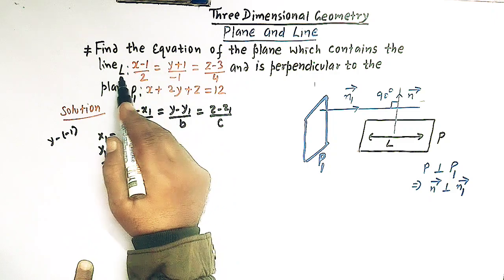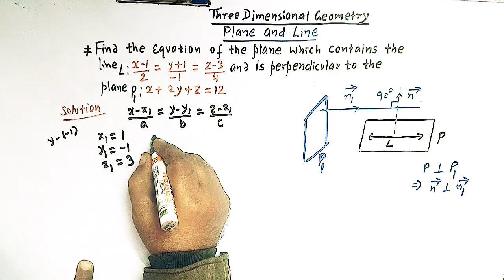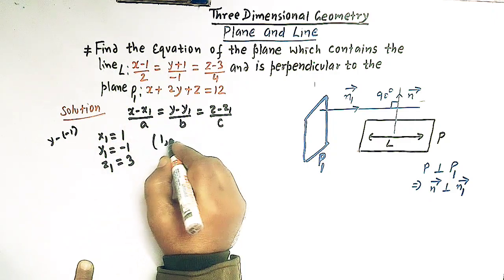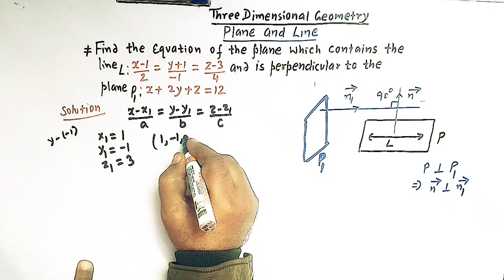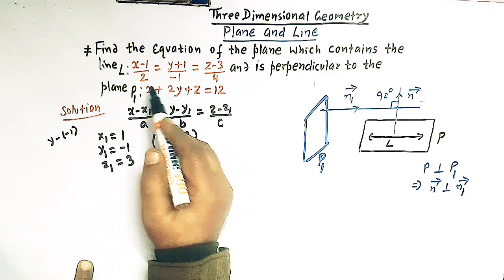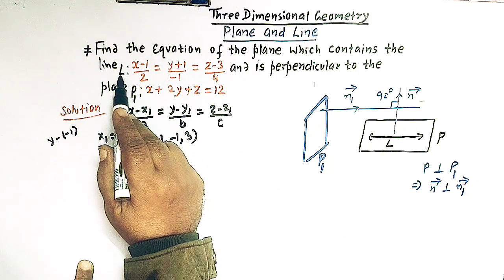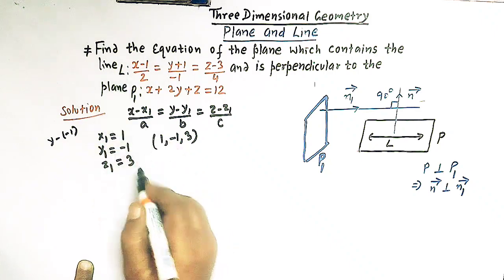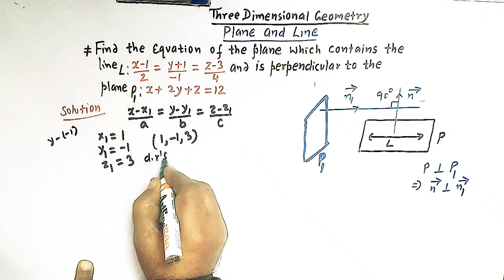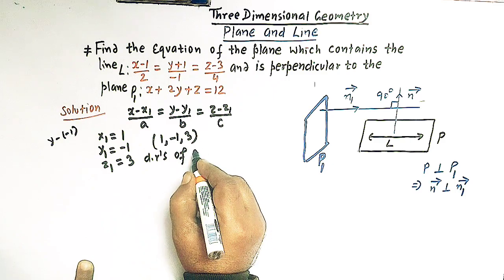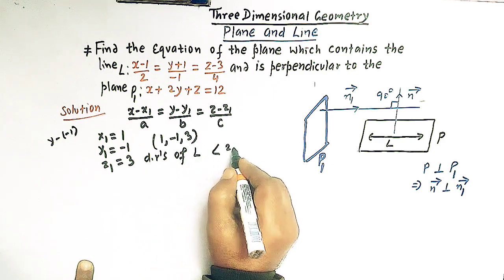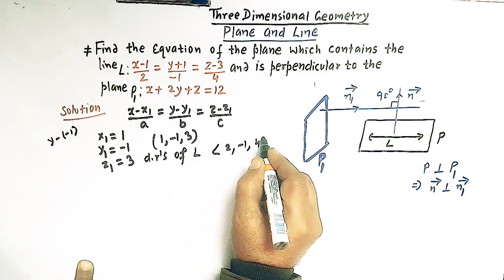So this line L passes through the point (1, minus 1, 3). Moreover, a, b and c are the direction ratios of the line L, so the direction ratios of the line L are 2, minus 1 and 4.